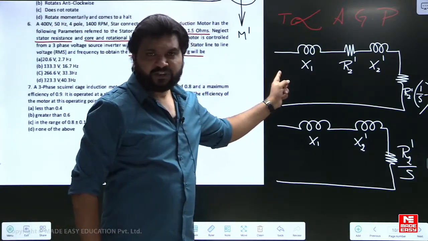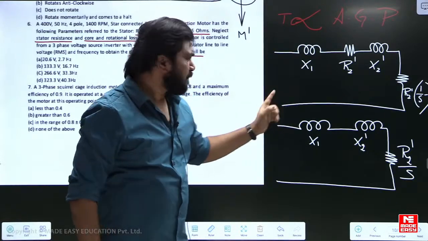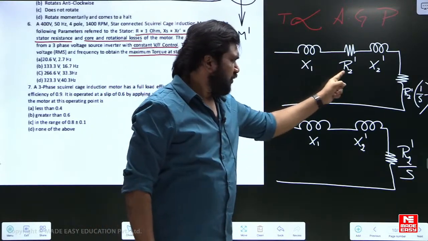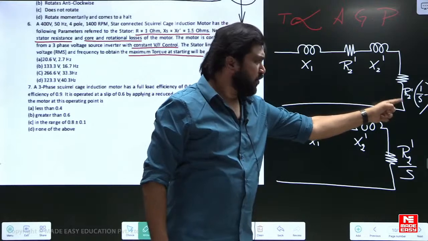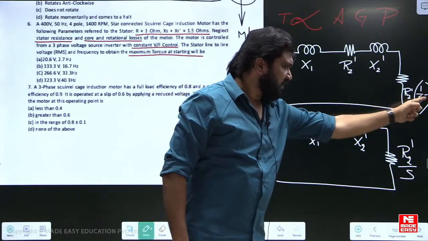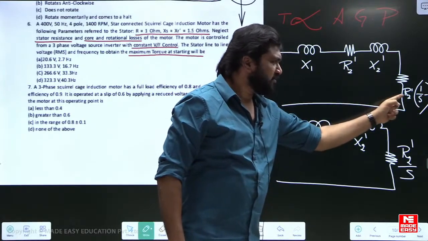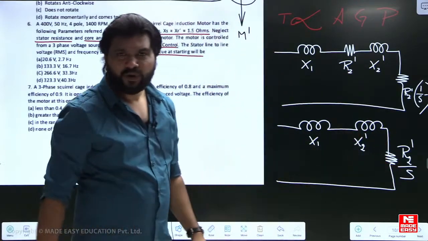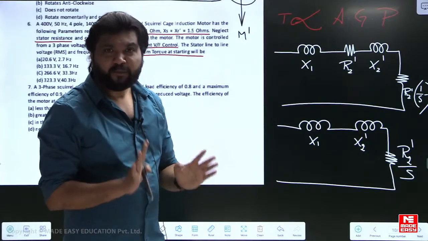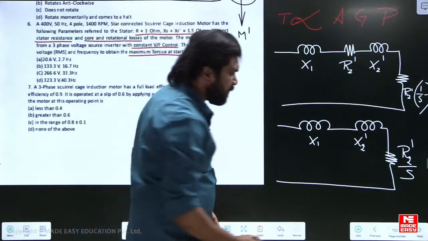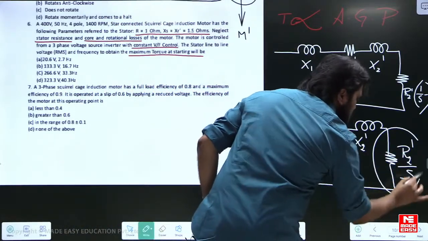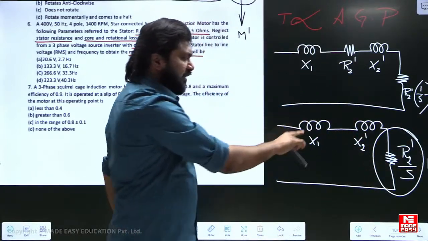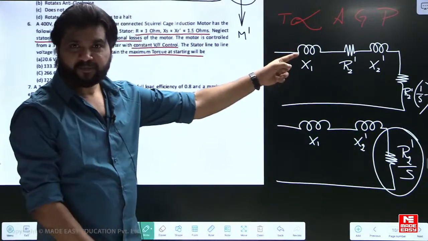Neglecting R1 given in the question, and neglecting the shunt branch, we have X1, R2 dash, X2 dash. R2 dash by S minus R2 dash plus R2 dash finally becomes R2 dash by S. In order to obtain maximum torque, I square R2 dash by S, the air gap power, should be maximum.